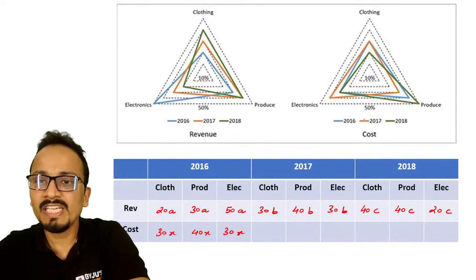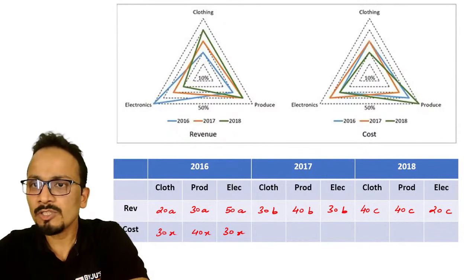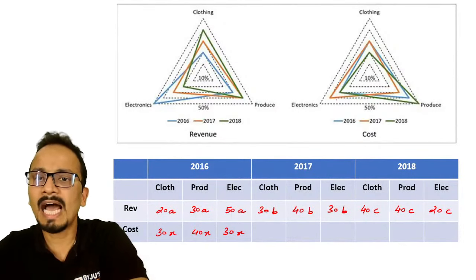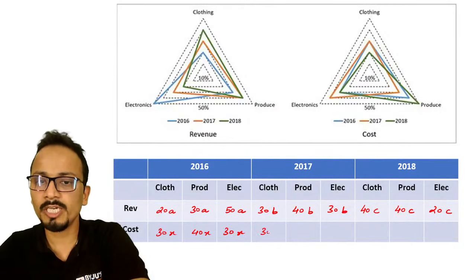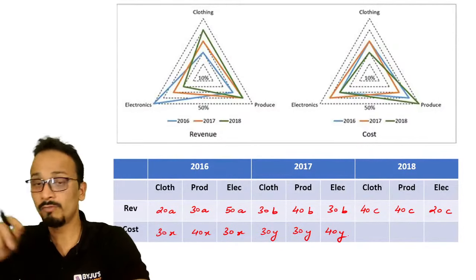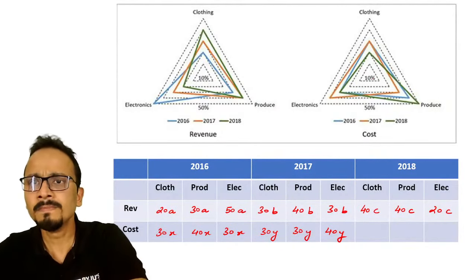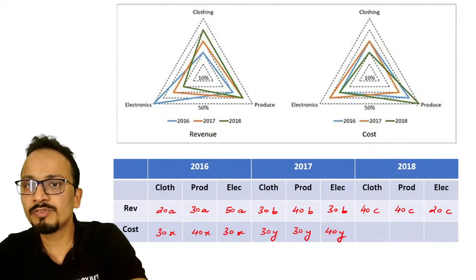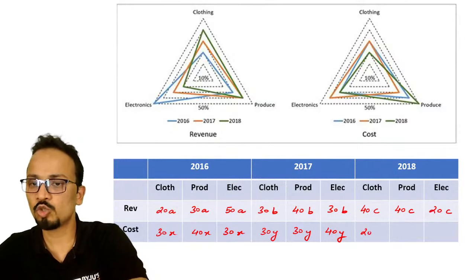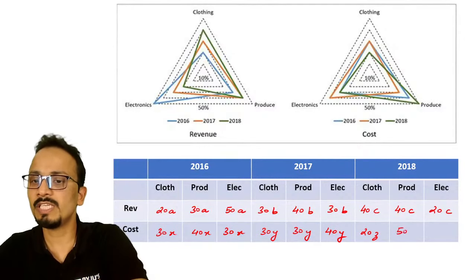For 2017, the cost 30, 30 and 40. So 30y, 30y and 40y. All right. For 2018, finally, the cost green lines. So 20, 50 and 30. So 20z, 50z and 30z.